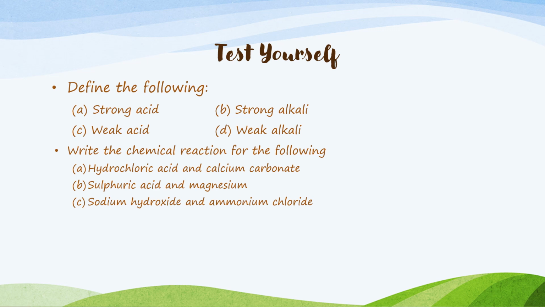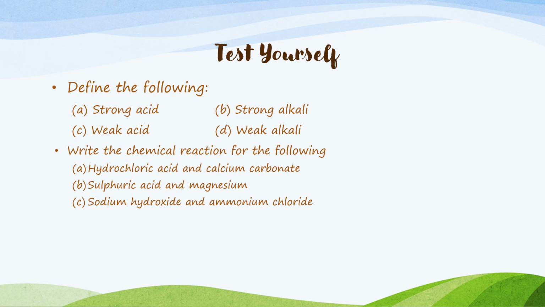Before I end, let's recap what we have learned today. The first part, we learned about the strength of acid and the strength of alkali, where you came across the terms strong acid, strong alkali, weak acid, and weak alkali. And the second part, we learned about the chemical properties of acid and alkali.